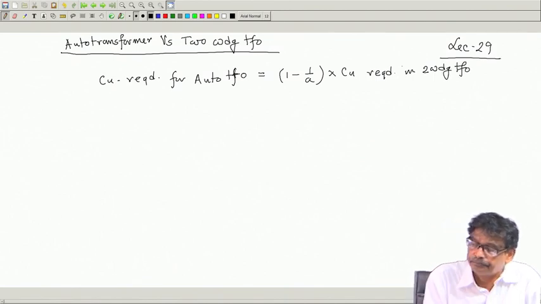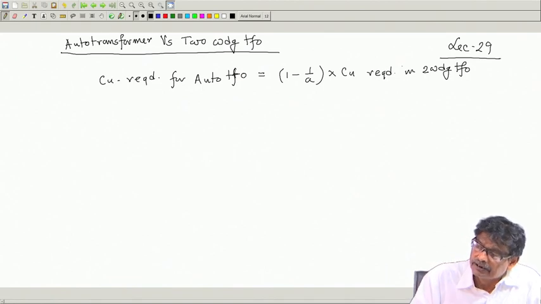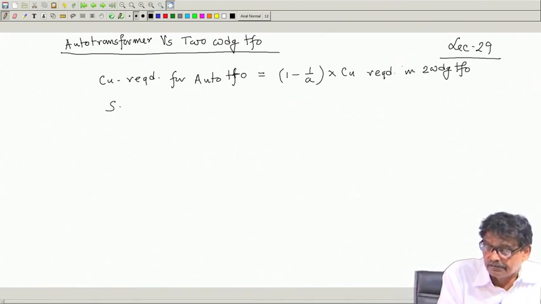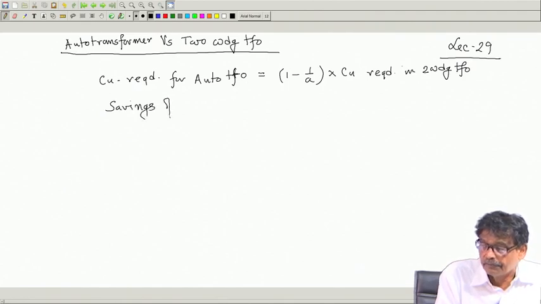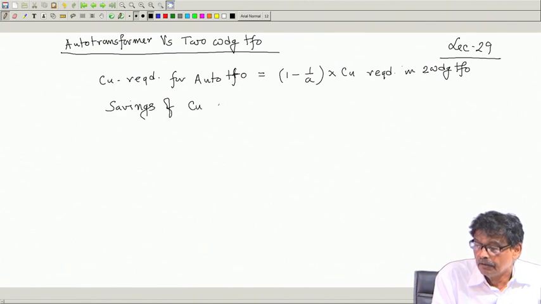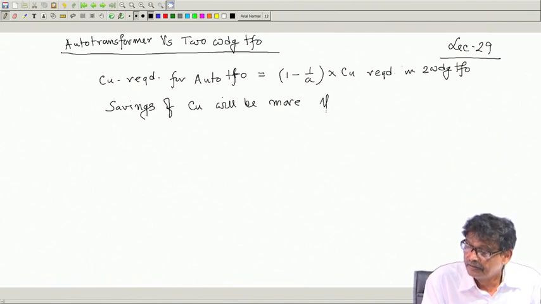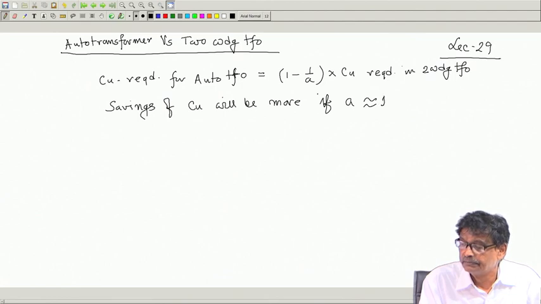This we have found, and we have observed that savings of copper will be more if A is close to 1.